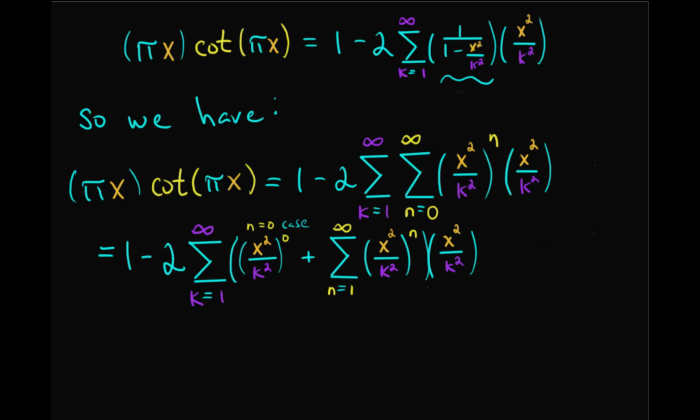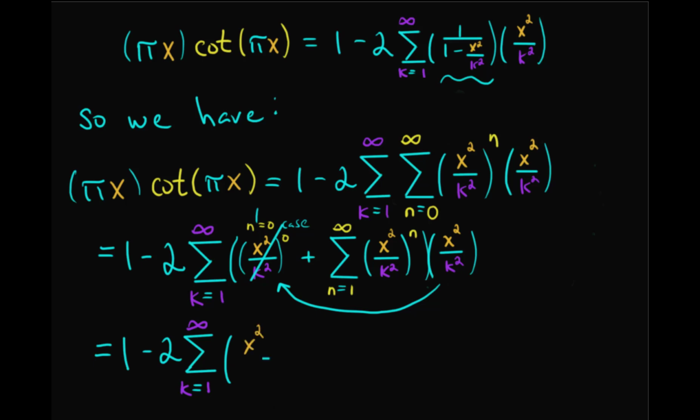Okay, so this is going to equal 1 minus 2 times the sum from k equals 1 to infinity of, and now I'm going to multiply in the x squared over k squared in the outer part of the sum. And in the n equals 0 case, x squared over k squared to the 0 just equals 1. So when I multiply that by x squared over k squared, I'll have an x squared over k squared plus the sum from n equals 1 to infinity, and now multiplying in the x squared over k squared here, this will now be x squared over k squared to the n plus 1.